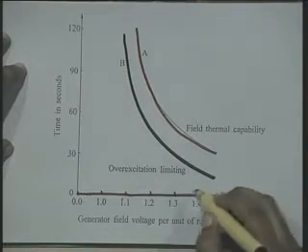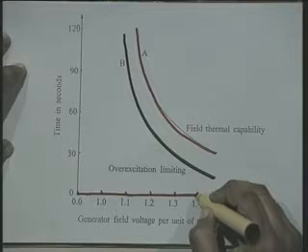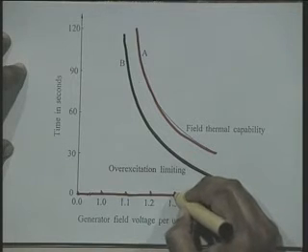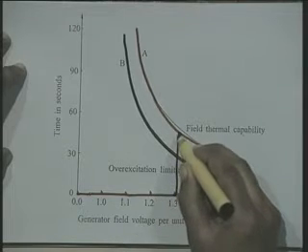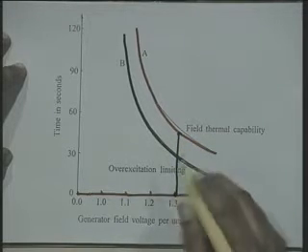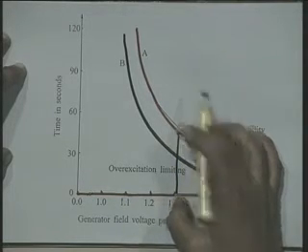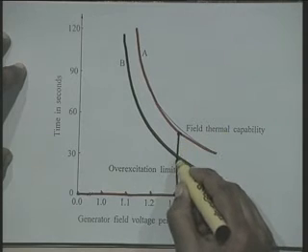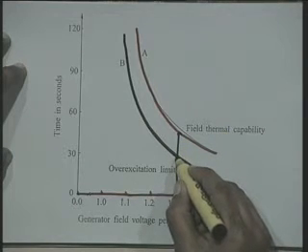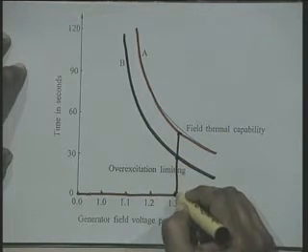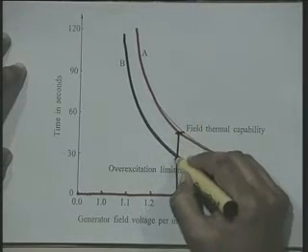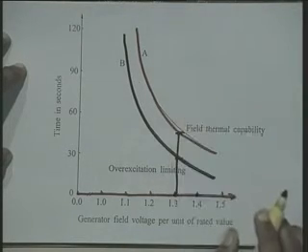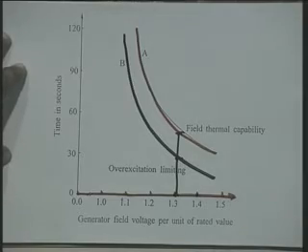For example, if the field voltage is 1.3 per unit, then it can withstand this overvoltage for this much time. But keeping some margin, our limiter will operate in a time which is less than the upper limit. And therefore, this is the margin which is provided, a safety margin you can call it.